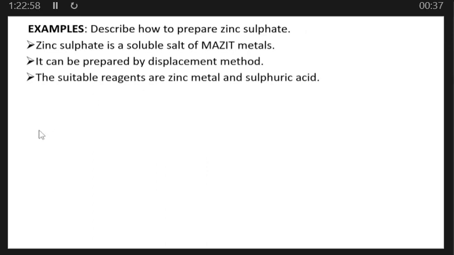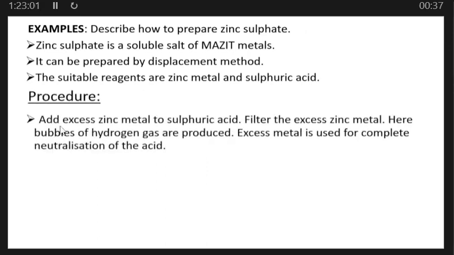We are saying the procedure here: add excess zinc metal to sulfuric acid. Filter the excess zinc metal. Here, bubbles of hydrogen gas are produced. Excess metal is used for complete neutralization of the acid. So in this process, the way I've described it, that's how you should describe it as well.